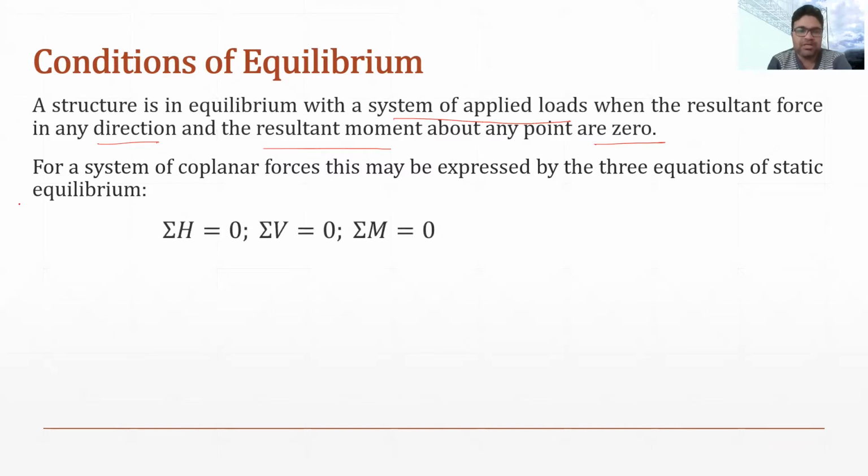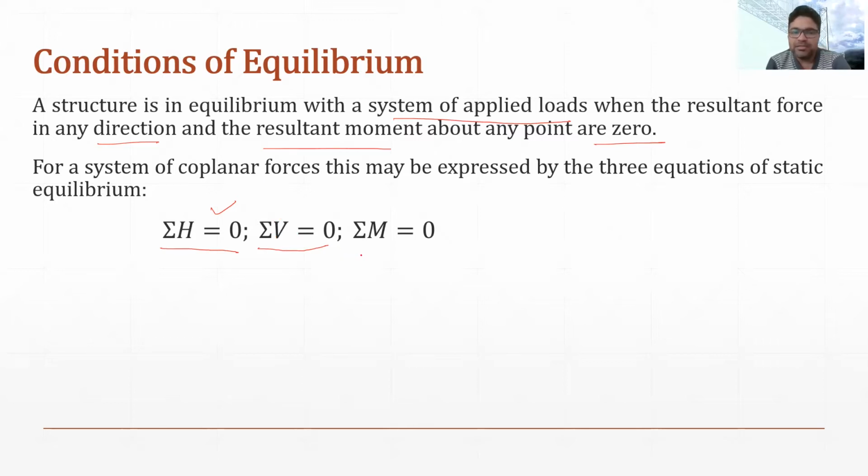Now the three equations are: summation of H equals 0, which means all the forces in the horizontal plane have an algebraic sum of 0. Similarly, the second equation is summation of V equals 0, which means the algebraic sum of all the vertical forces is 0.